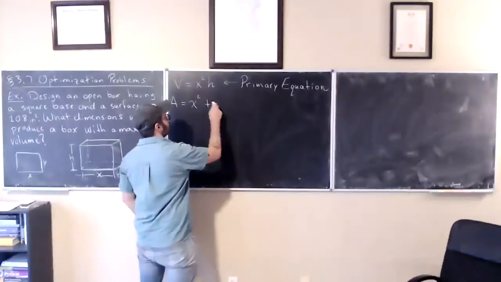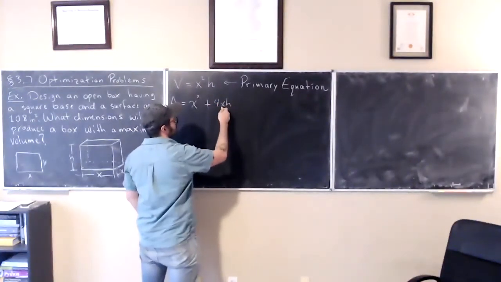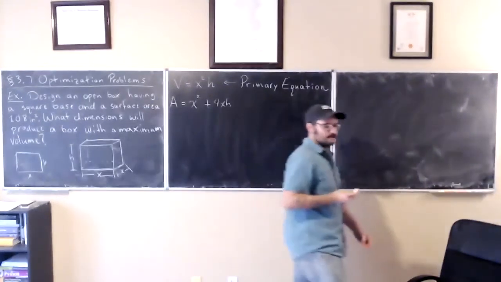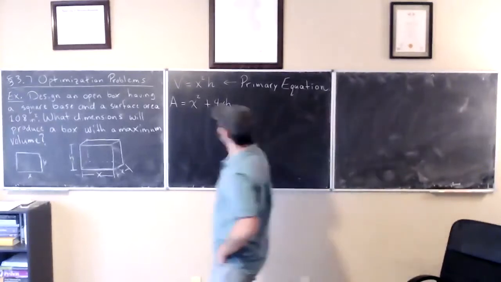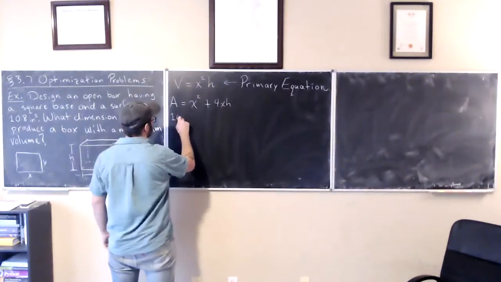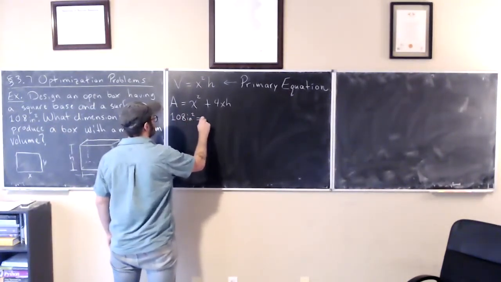So the area is 4 x times h plus the bottom panel, x squared. So that'll be the total surface area. And we know that this is going to be equal to 108 square inches.